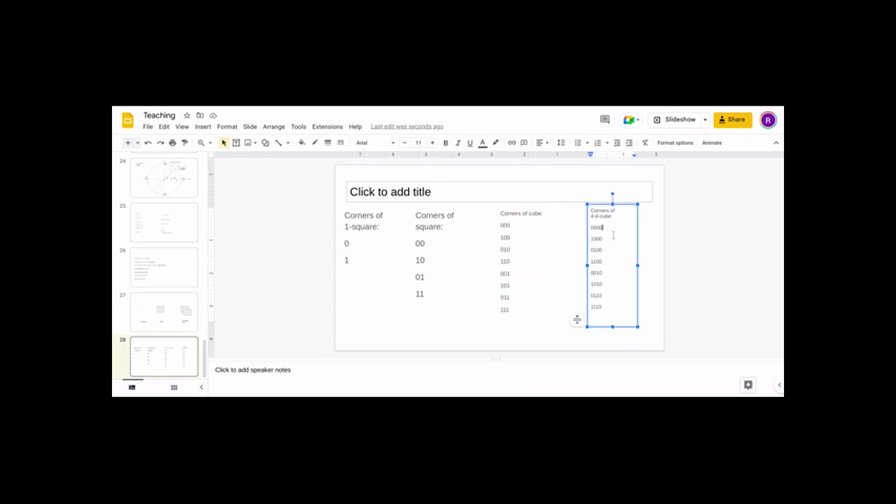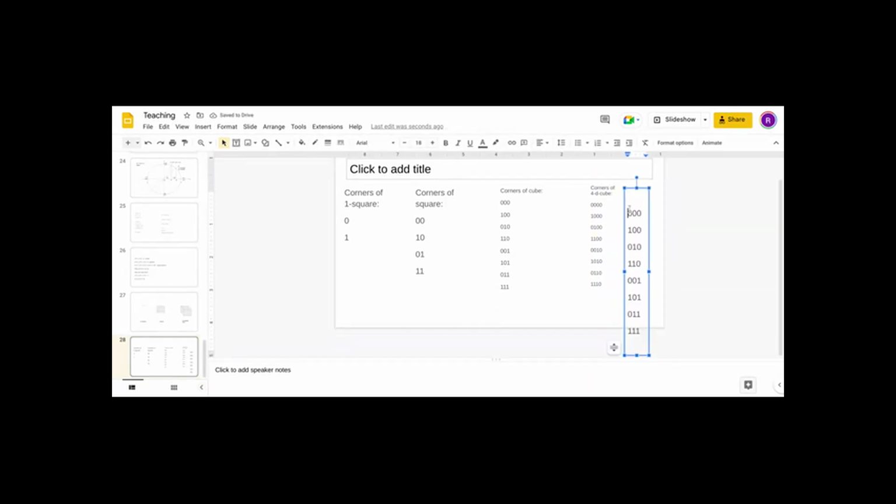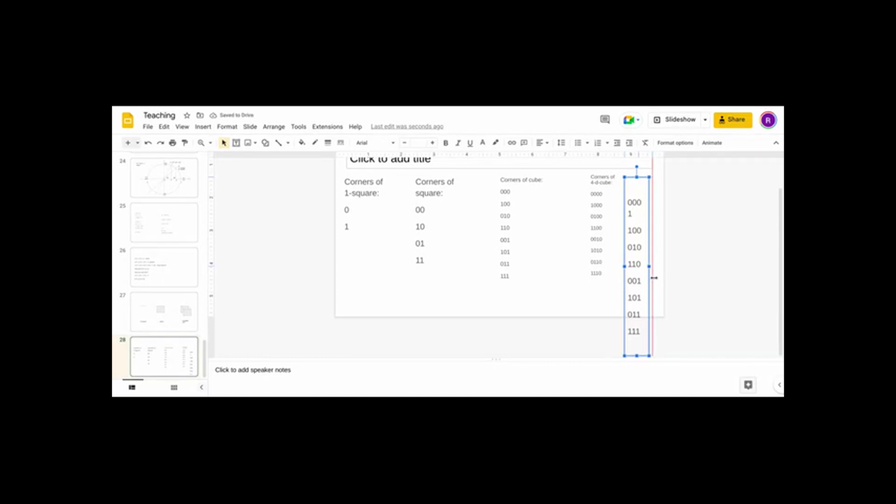And let me just show it side by side so that it's easier to make out. I'll show the same thing, and I'll just put a 1 at the 4th position.